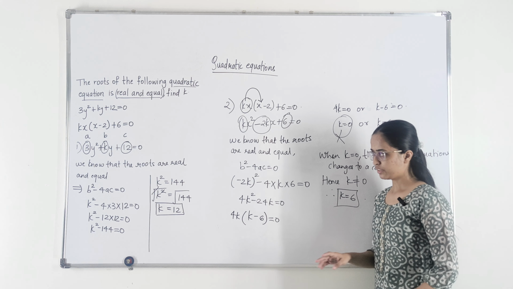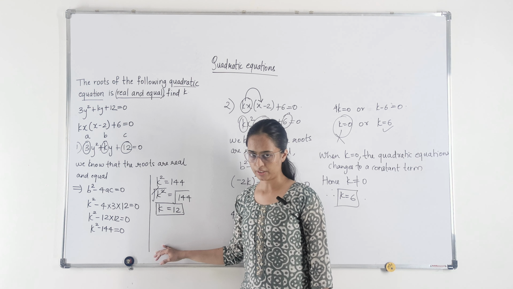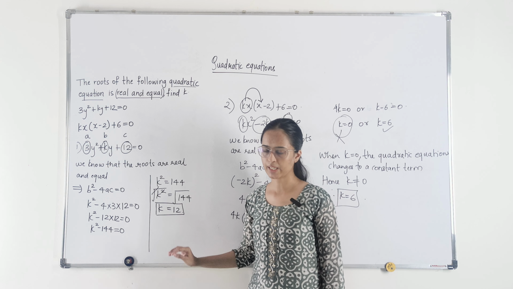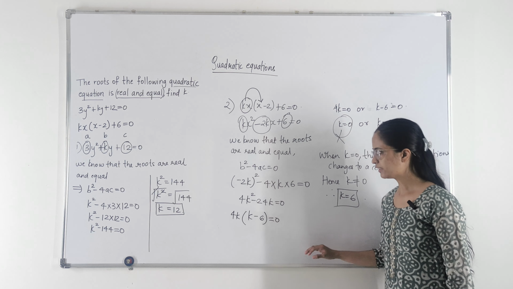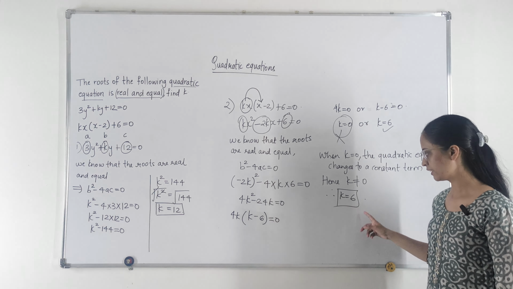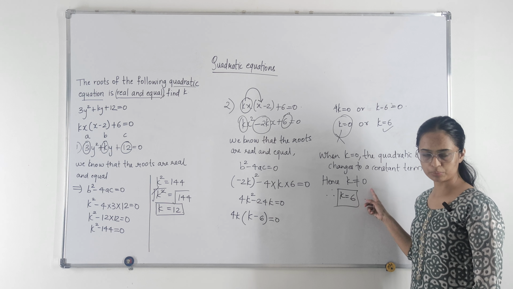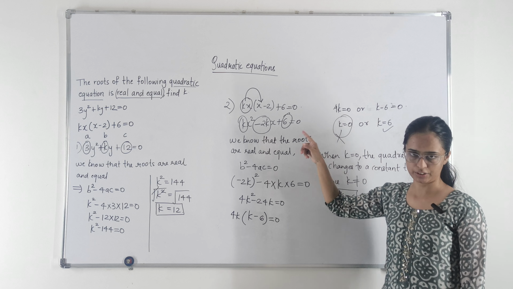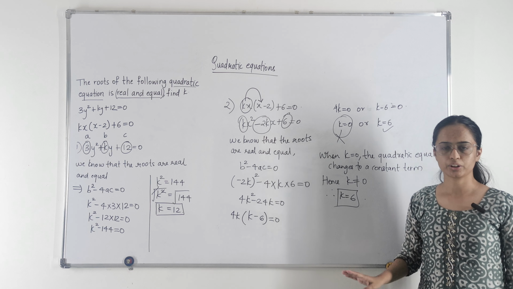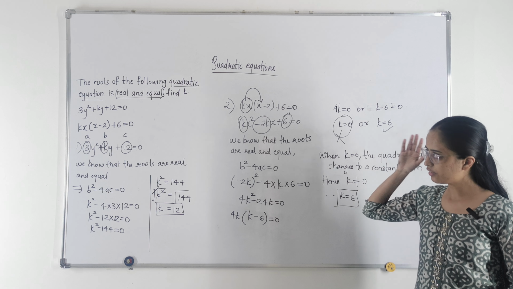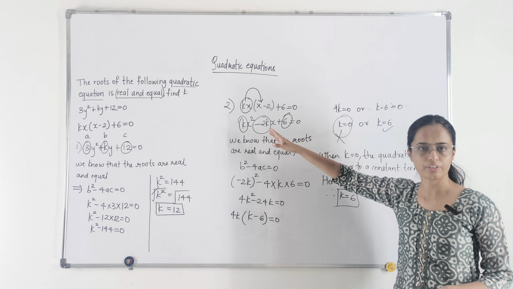So the first one was a pretty straightforward problem wherein there was no confusion between the values for k; the value of k came 12. In this case, if you see, you have got the value of k as either 0 or 6. Here 0 is not possible because whenever your k value is 0, when you substitute k as 0, your quadratic equation is no more a quadratic equation, and that cannot be, because in the question it is given that these are quadratic equations.